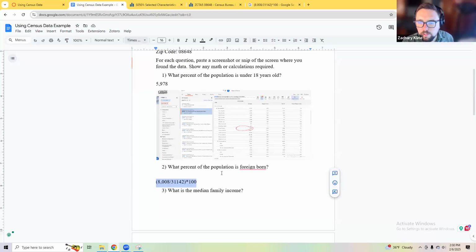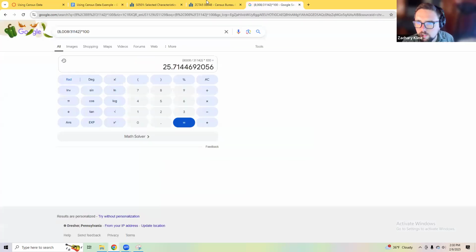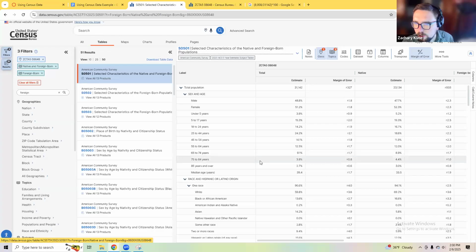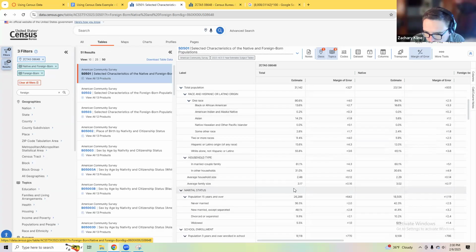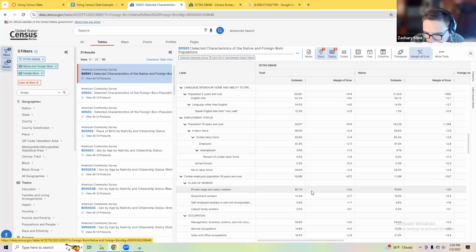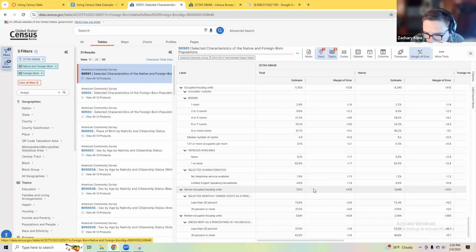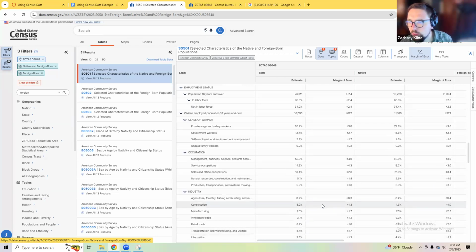We're at around 26%. Around 26% of the population in Lawrenceville are foreign born. Seems pretty high. Okay.